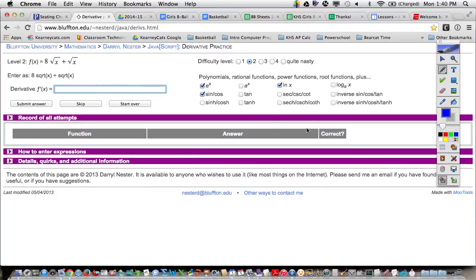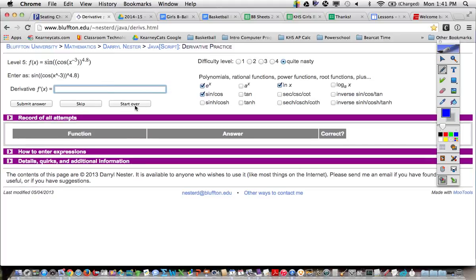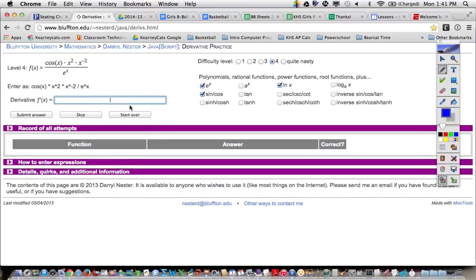Well, this one has a function inside of a negative 2.2 power function, which is inside of a square root function, which is n squared. Of course, square root squared wouldn't be that big a deal. Let's do another one. But you just get some things that we would not get into, which are just kind of silly, quite honestly.